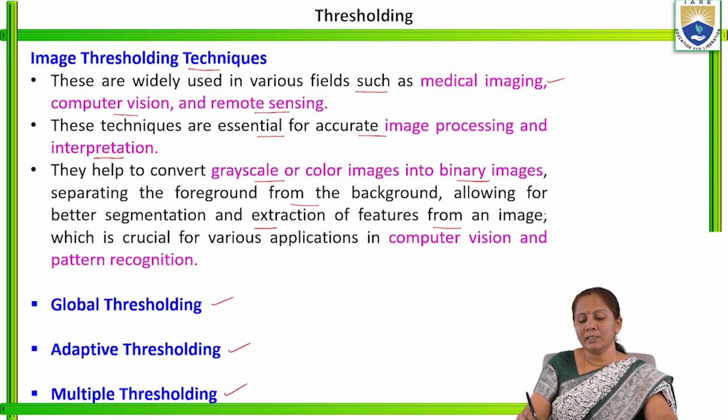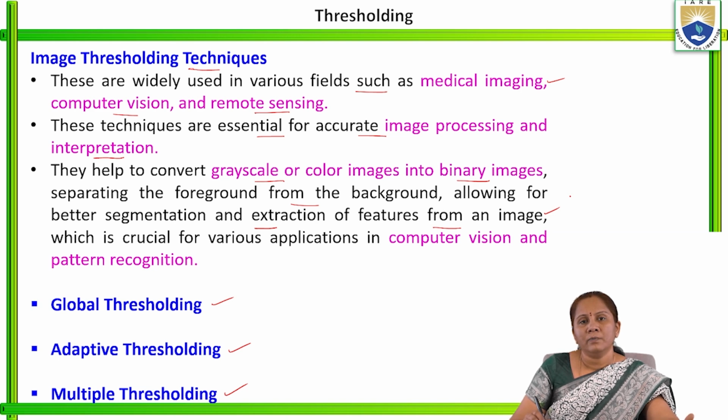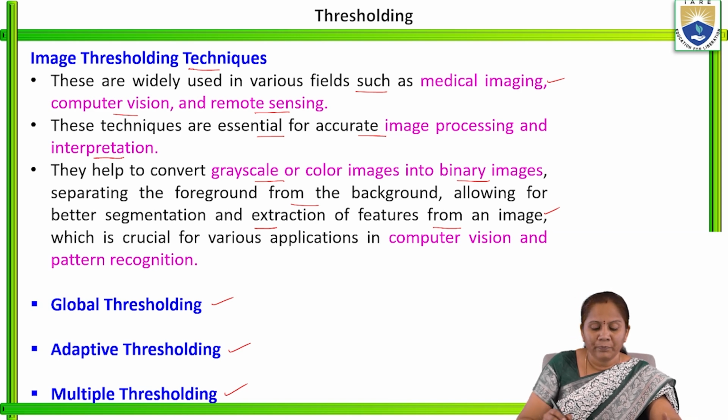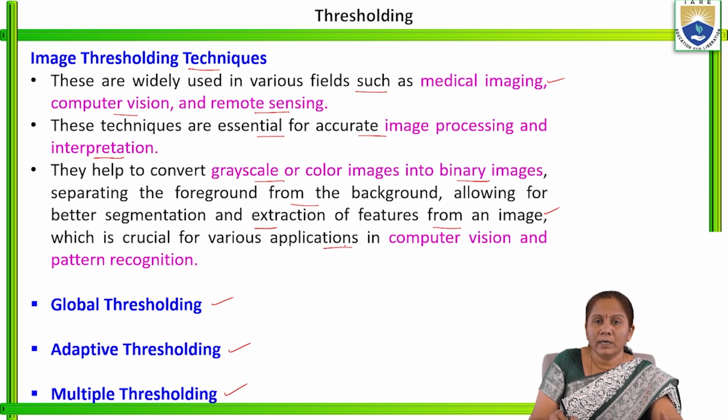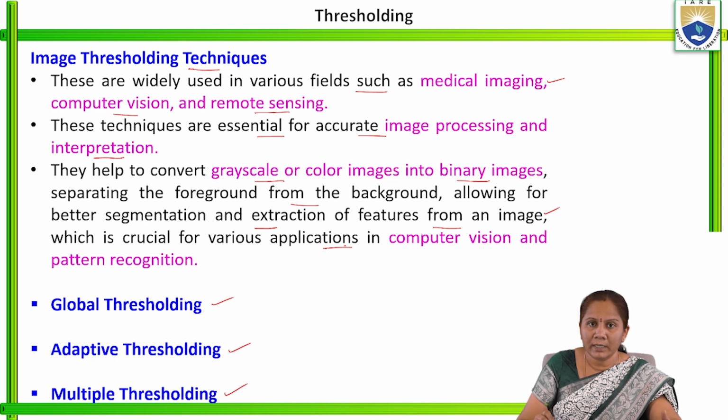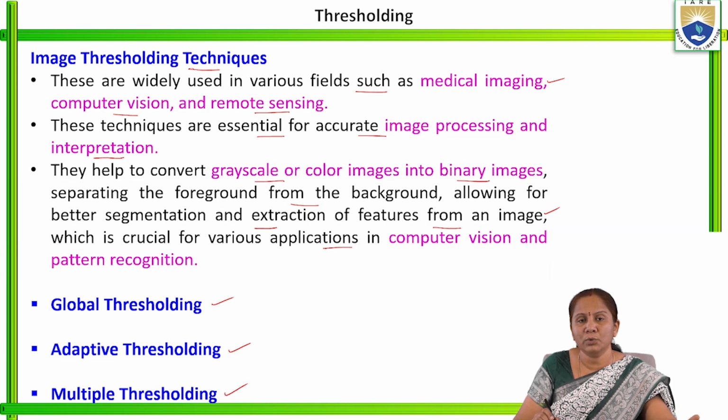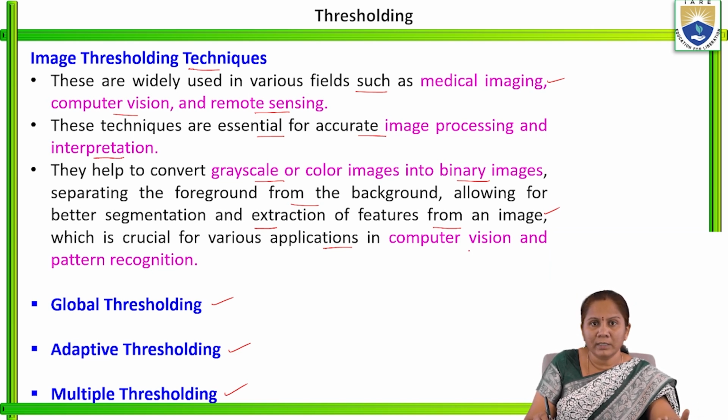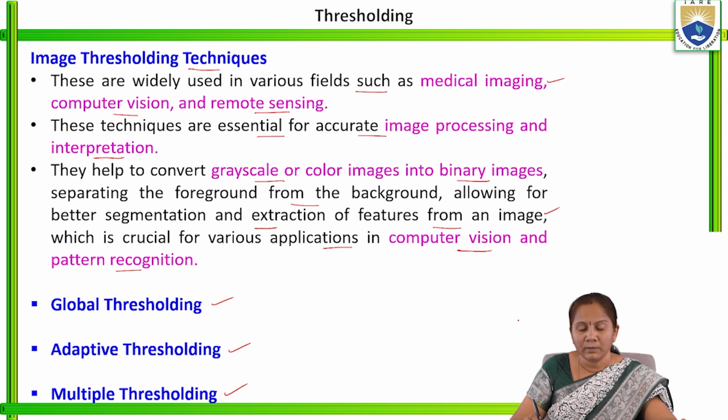So by extracting the features of the image, here the analysis will be done. By applying this thresholding technique, it is very easy to separate the foreground and background, and this concept is very much used in areas like computer vision and pattern recognition.